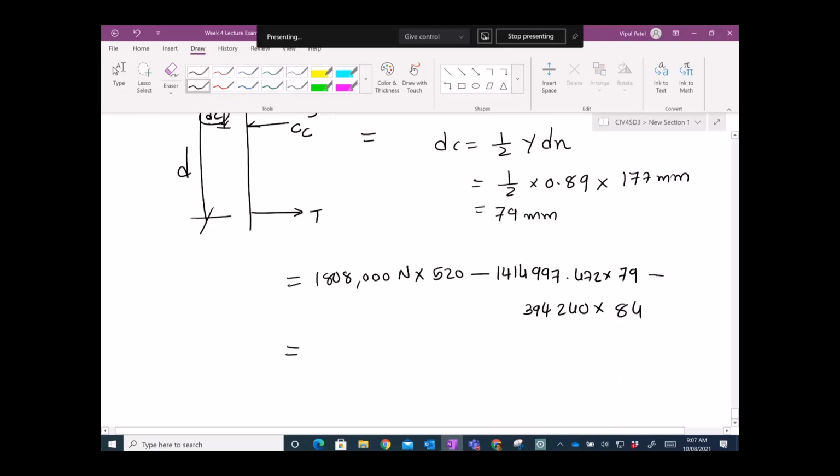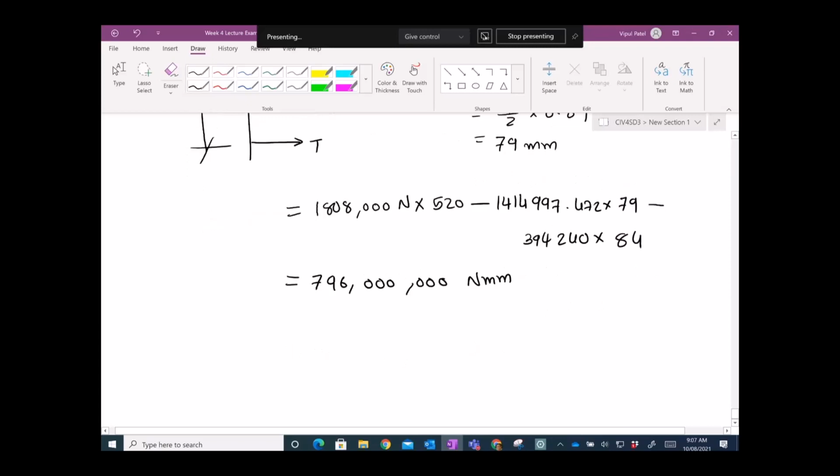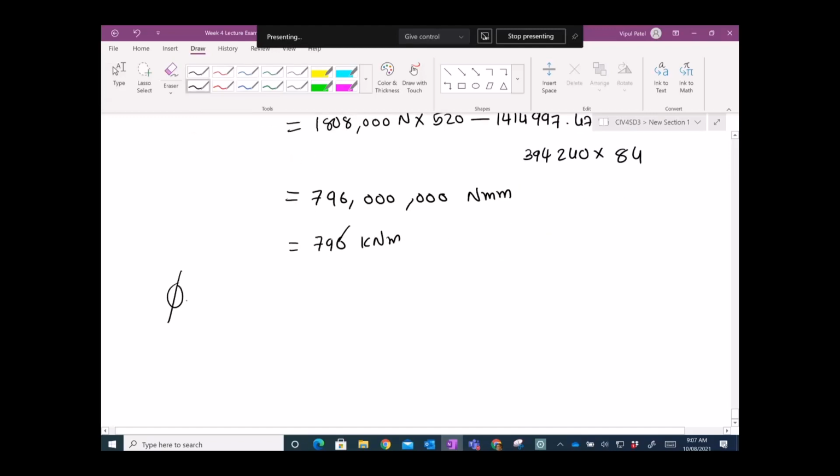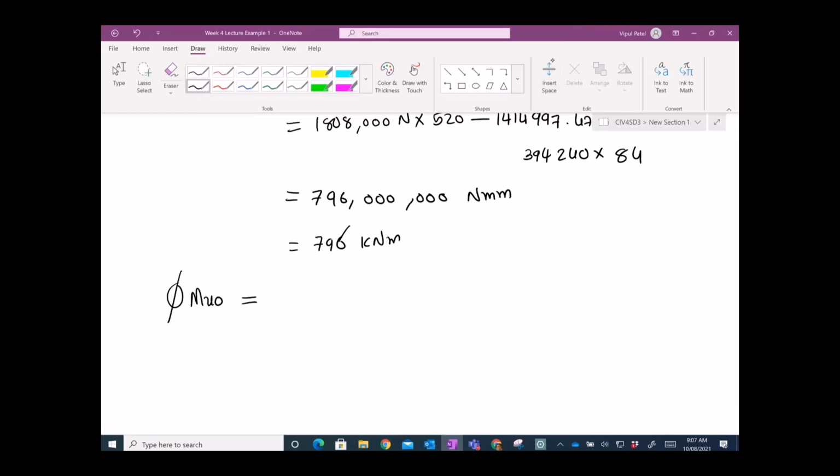And the only critical part is to find the neutral axis depth, because it requires an iterative process. So we need to multiply by the capacity factor phi Mu, and if you want to check the phi Mu, let me turn on my document camera so I can show you where you can find the reduction factors.